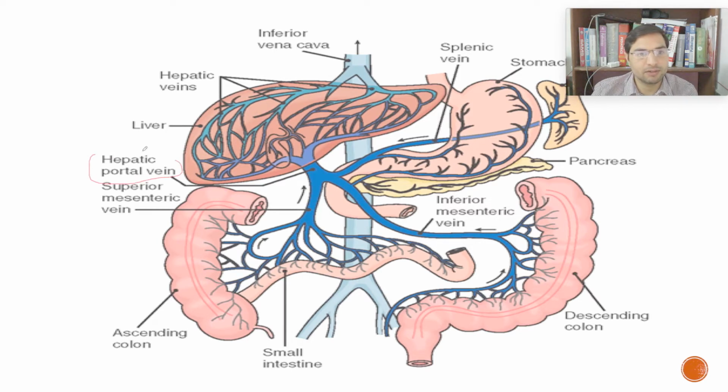This is our portal vein. Why will it have a raised pressure gradient, a hypertension? Because of pre-hepatic causes, hepatic causes and post-hepatic causes.